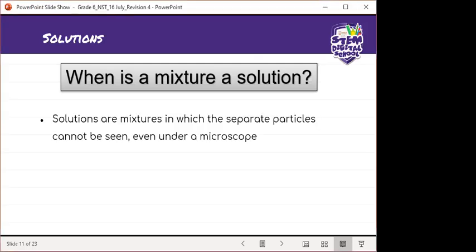So guys, next. Solutions are mixtures in which the separate particles cannot be seen, even under a microscope. Remember the example I used of peanuts and raisins, as well as the juice. In the peanuts and raisins, it's a mixture, but we can see what's involved in the mixture.